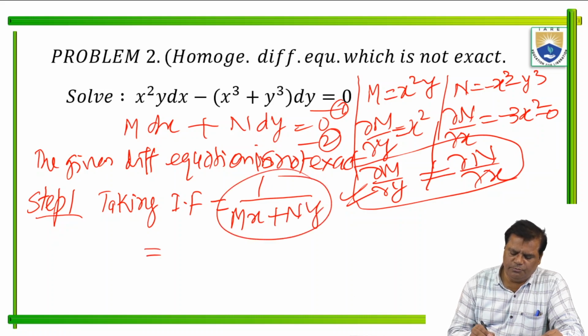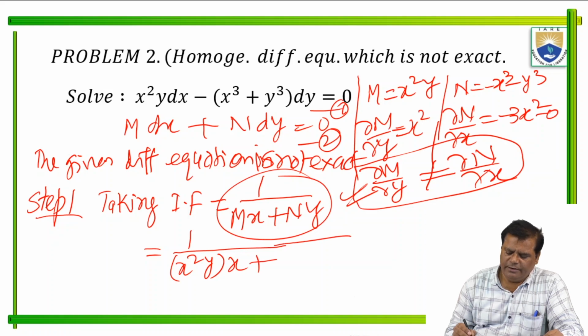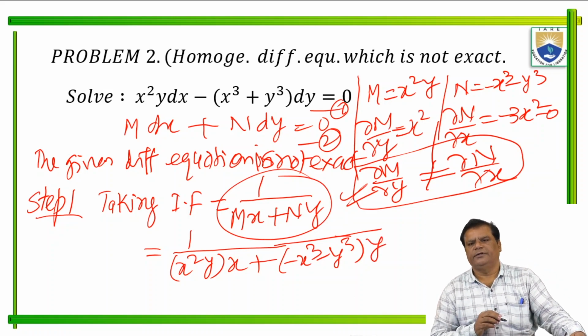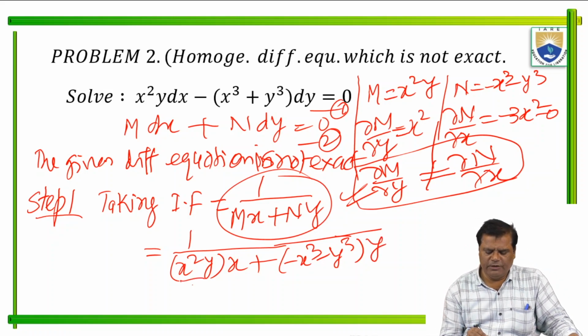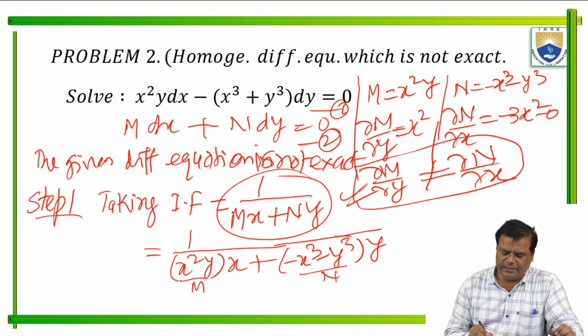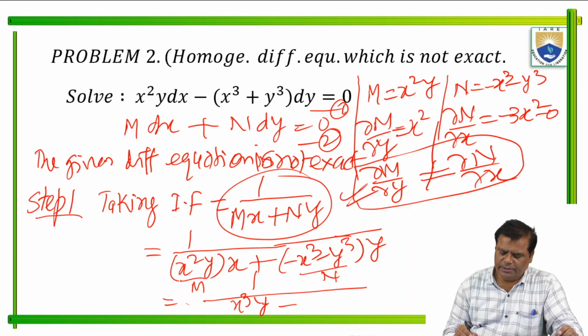So this equals 1 upon M times x, where M is x square y, plus N times y, where N is minus x cube minus y cube. This is the value of M, and this is the value of N. So the integrating factor is 1 upon x cube y minus x cube y minus y to the power 4.